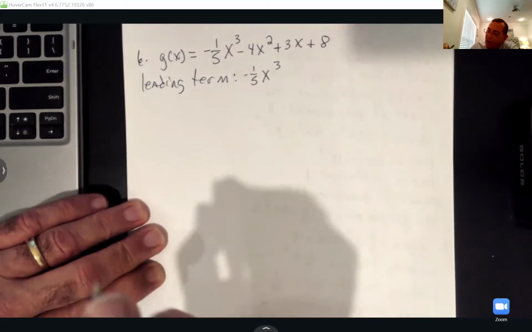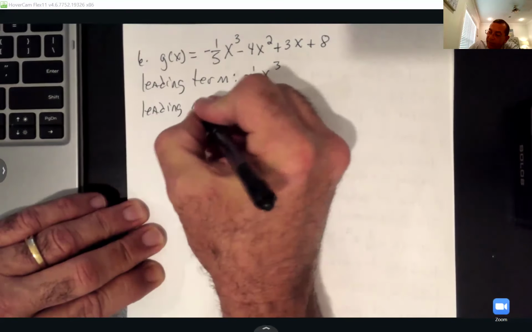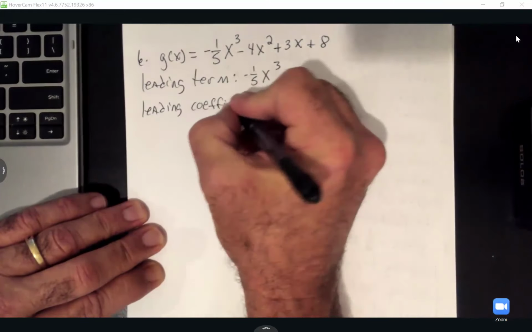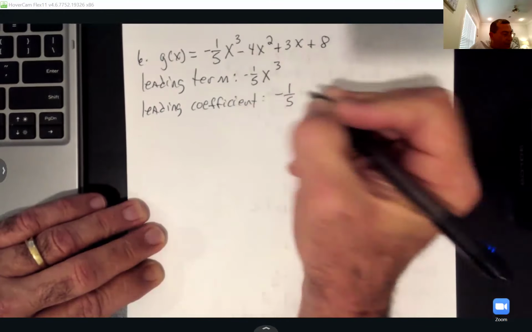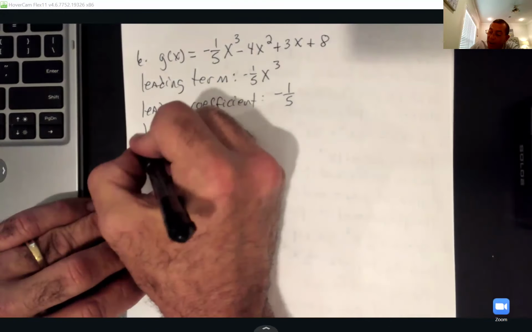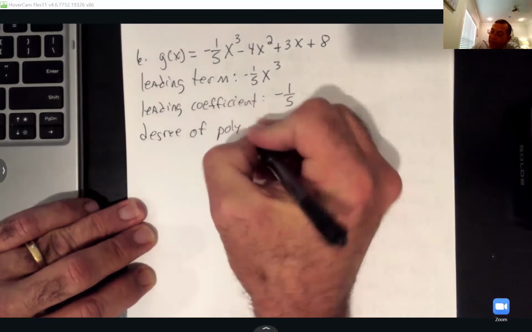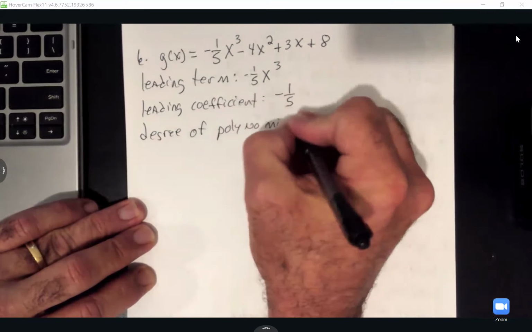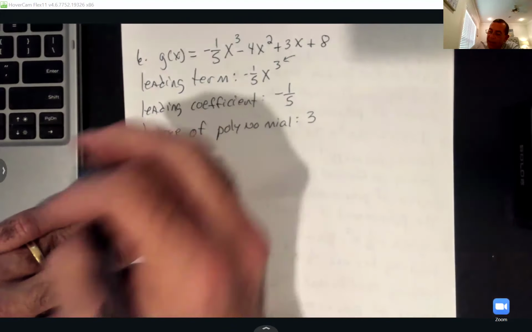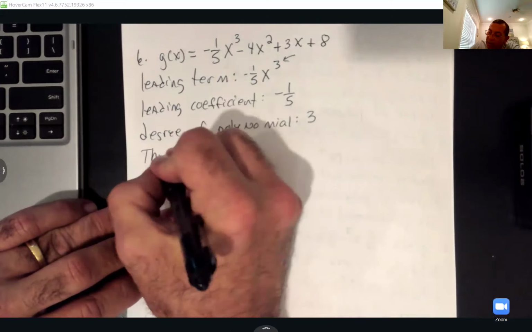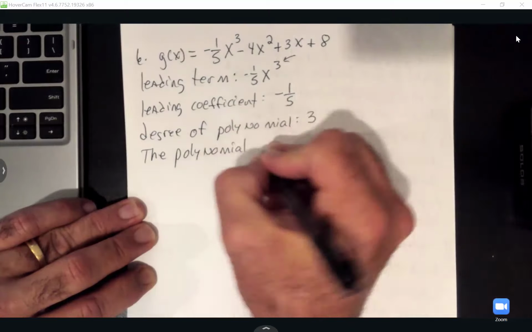All right, what's next? Our leading coefficient. -1/5. What's next? The degree of that polynomial. 3. Because that's my highest exponent there. And the polynomial is blank. Cubic. There you go.